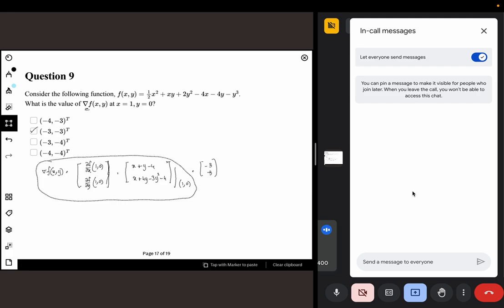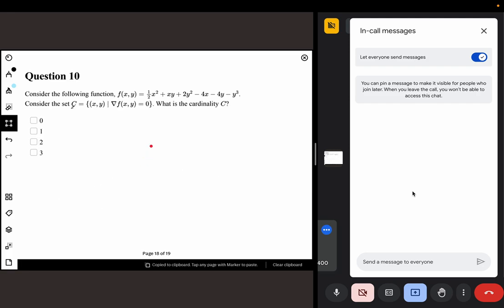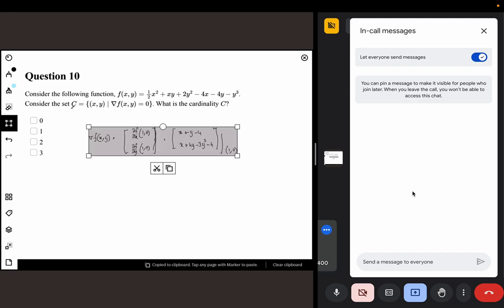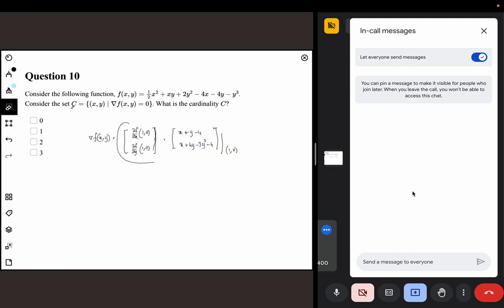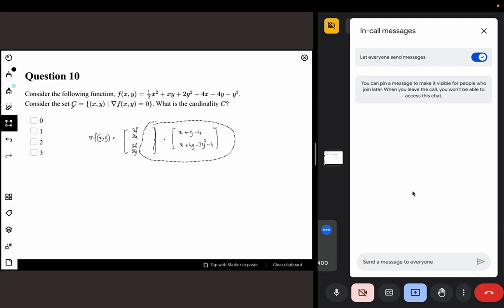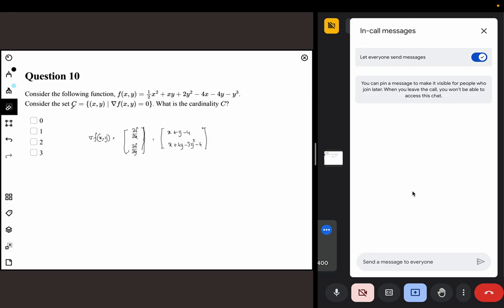So let's take this one. So this is my gradient.